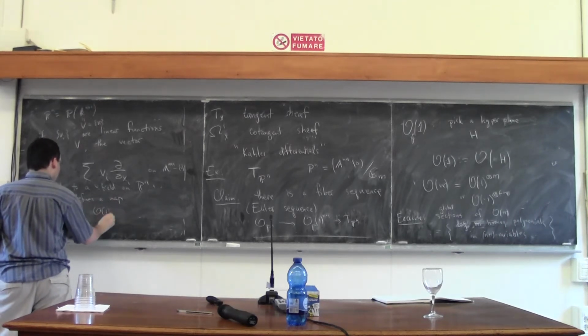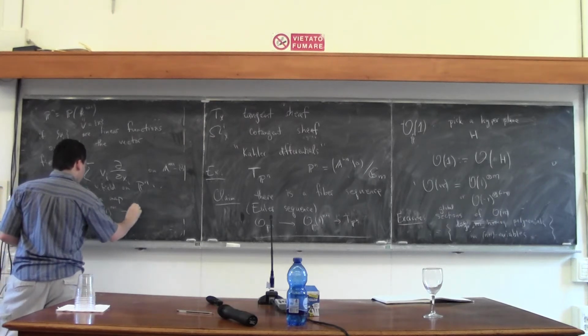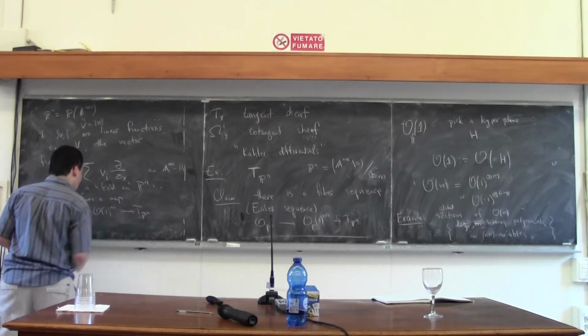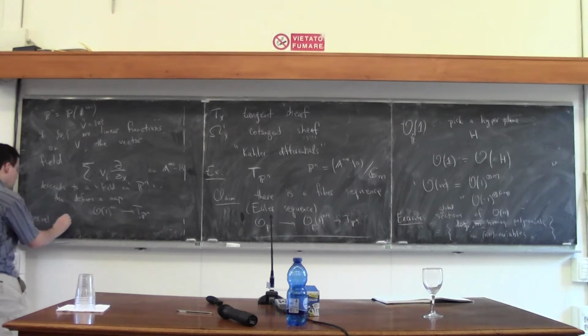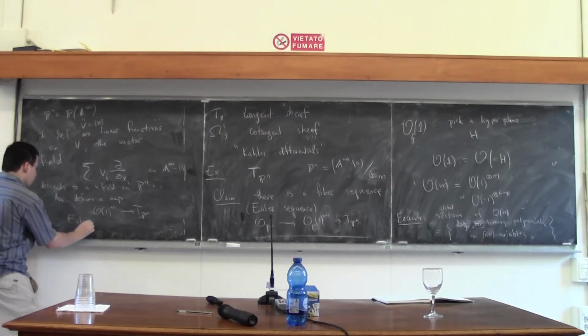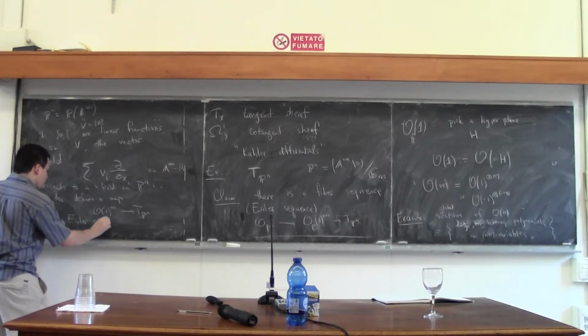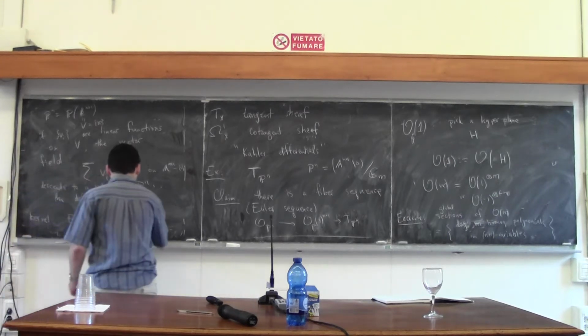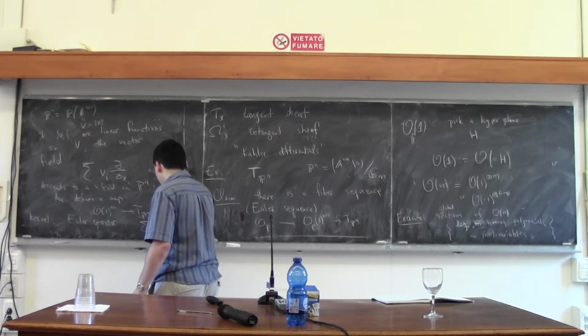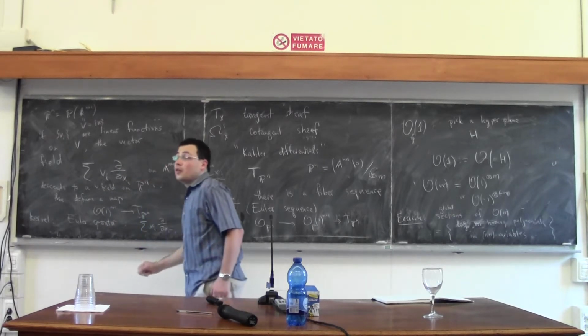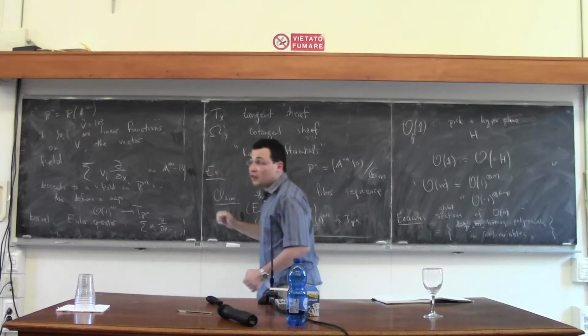So O of 1 plus 1 is Pn. That's the map, and the kernel is given by the Euler operator, the sum of xi d by dxi. This is the kernel of this map.